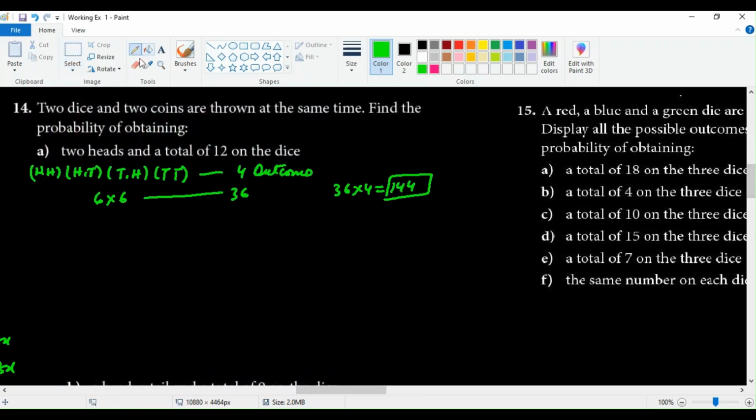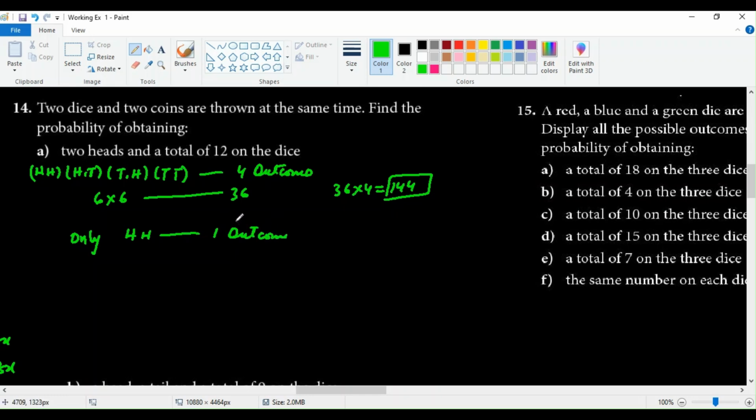Now, this is the start of this question. This is how you should be starting. Only head and head is a possibility, and this is only one outcome.